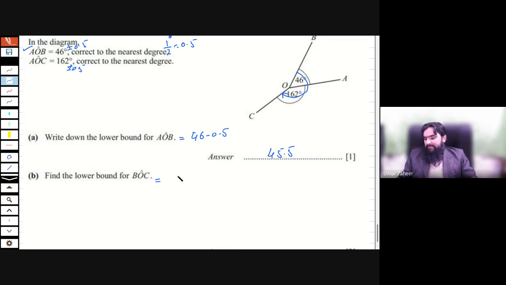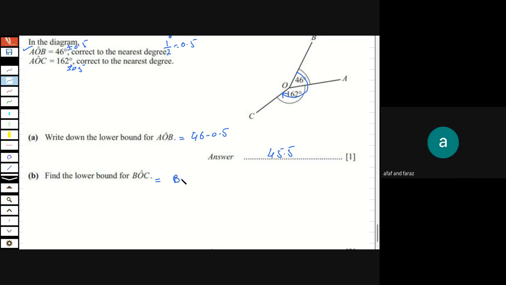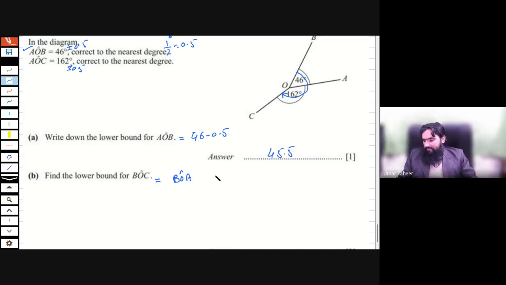The angle BOC is basically the sum of BOA plus AOC, right? Is it clear? The angle BOC is the sum of angle BOA and AOC.